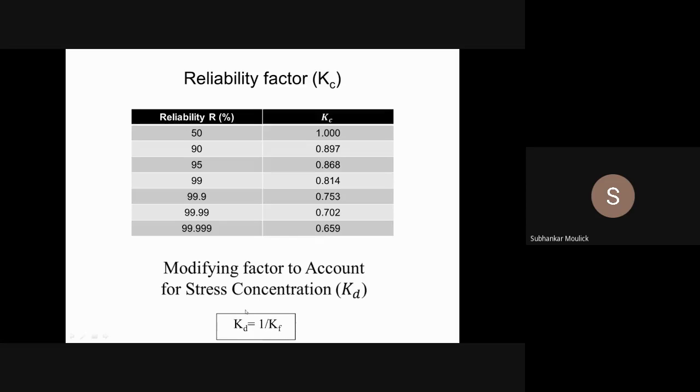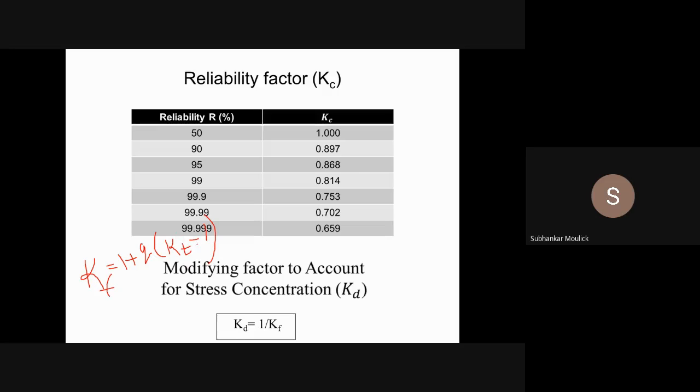So to find the value of Kd, first you need to calculate Kf. How will you calculate Kf? In the last class I told you that Kf is given by the relation Kf is equal to 1 plus Q times (Kt minus 1), where Kt is the stress concentration factor.